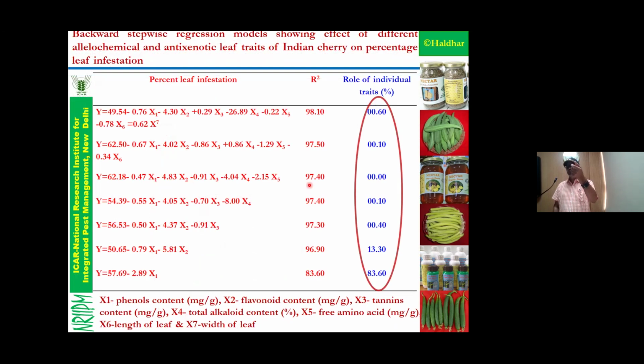Which parameters? Hardness means some parameters will be there. Thickness also, sir. Thickness of epidermis or something like that. The complete leaf lamina we are taking, sir. And on the basis of a tensiometer, we measure how much pressure is required.